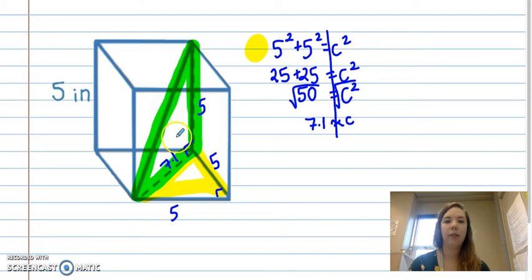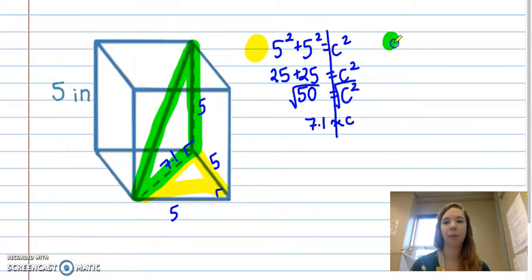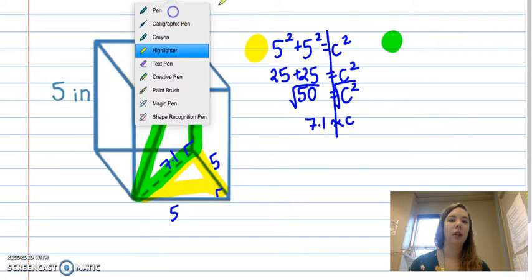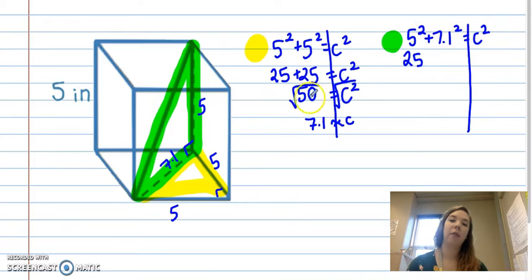So then you have 5 and 7.1 as legs for your green triangle. So we would do Pythagorean Theorem one more time for the green triangle, where we use 5 squared and 7.1 squared. Okay, 5 squared is 25. 7.1 squared should be 50.